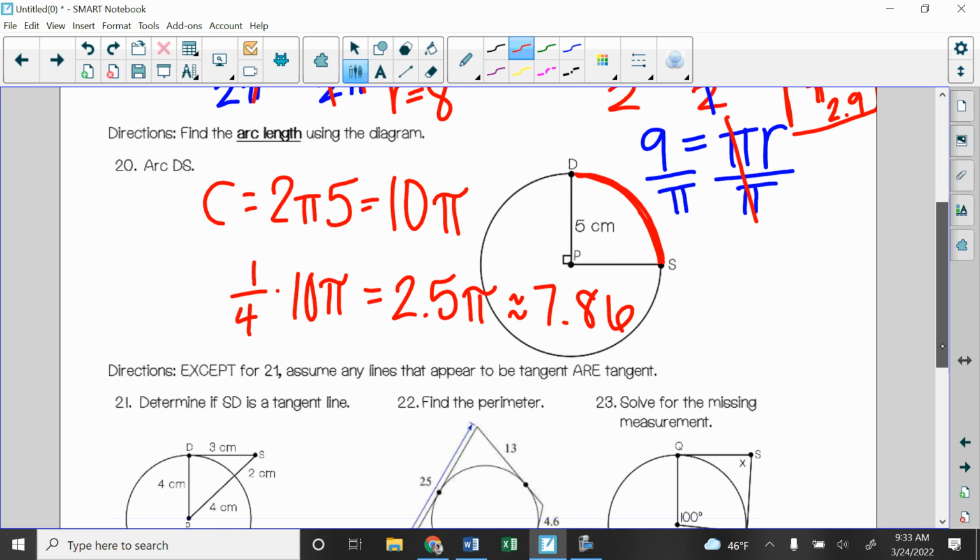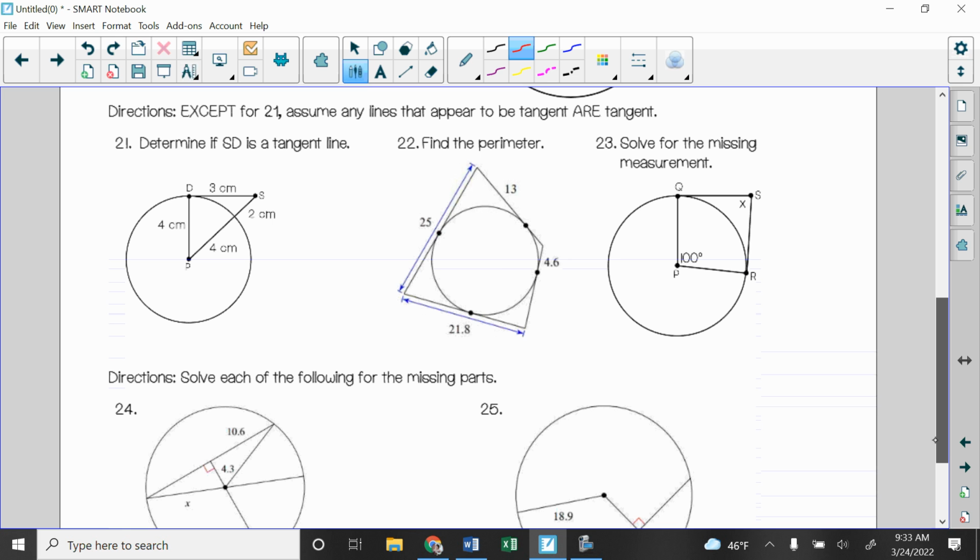Okay. Down here, on 21, your answer had to be yes or no. So you got a point if you guessed correctly, which a lot of people just guessed. The correct answer is no. What this is asking is, if this was a tangent line, that would mean that this is a 90-degree angle. So we're really asking ourselves, is that a right angle? And the way you test it out is doing Pythagorean theorem.